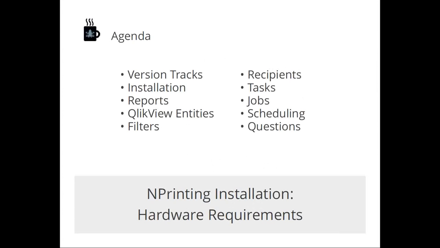We'll talk about filters, both dynamic and static, and we'll show you how to build recipients, individual recipients, and we'll show you how to perform a recipient import list task. We'll talk about reporting tasks, and then we'll get into the other part of the automation piece, which is the delivery of jobs and scheduling of those jobs to specific individuals or groups of individuals.